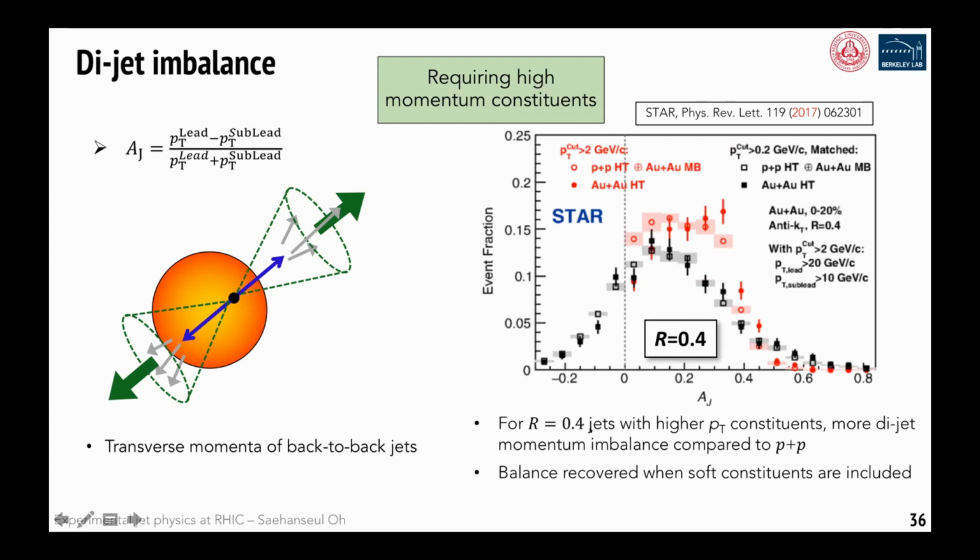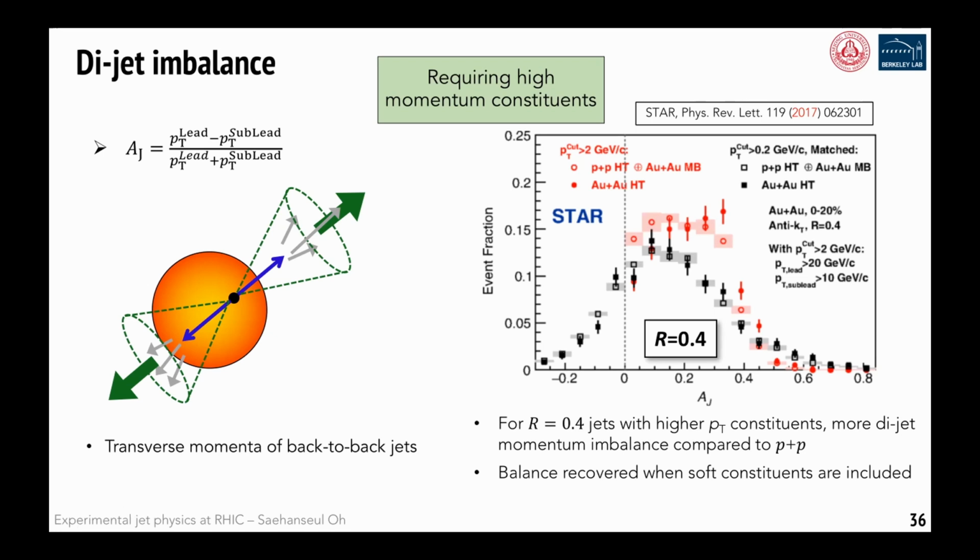For RHIC 0.4, jets with a higher pT constituent show more dijet momentum imbalance compared to PP. So it's a bit complicated picture. We can reconstruct jets only with the high pT constituent, and if we do that, they are very imbalanced.